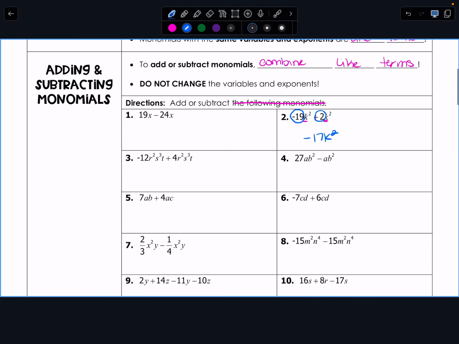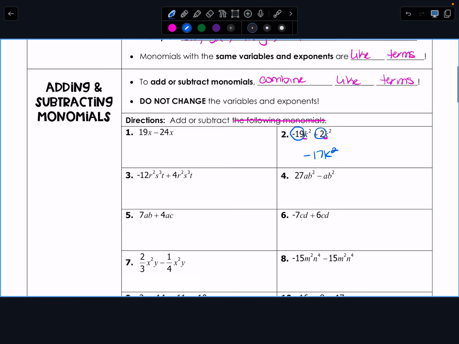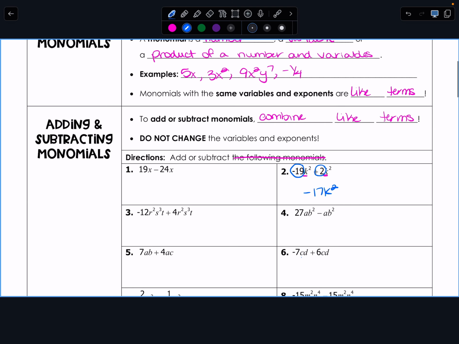I have a CD and another CD, so I could take my negative 7 and add it to 6 and get a negative 1 CD. So we're doing a lot of adding and subtracting.